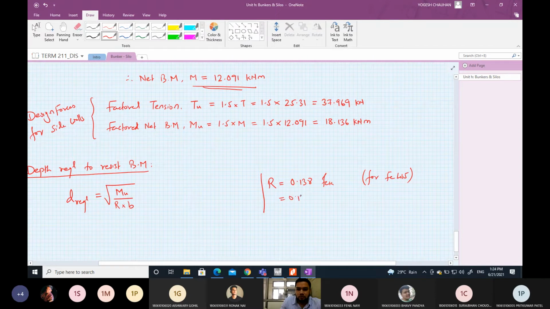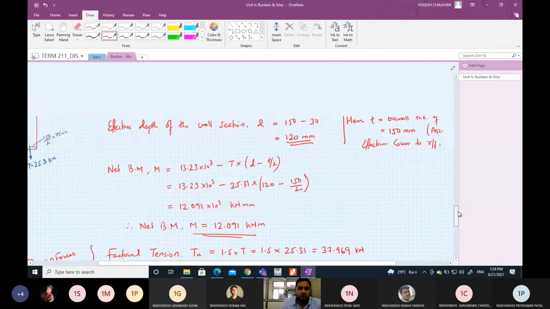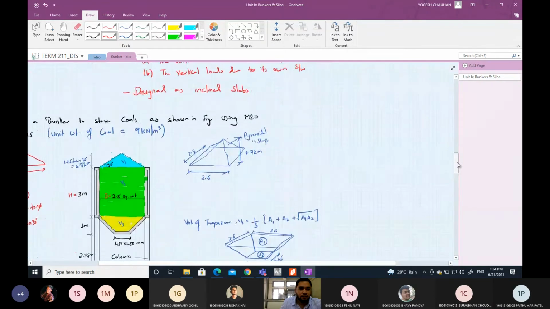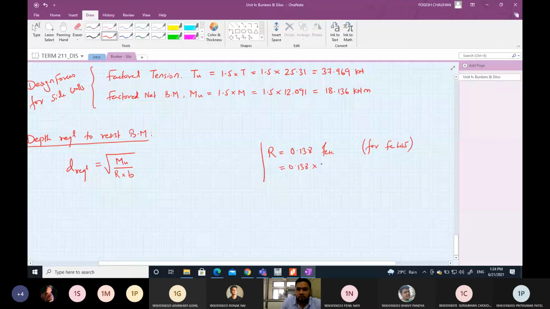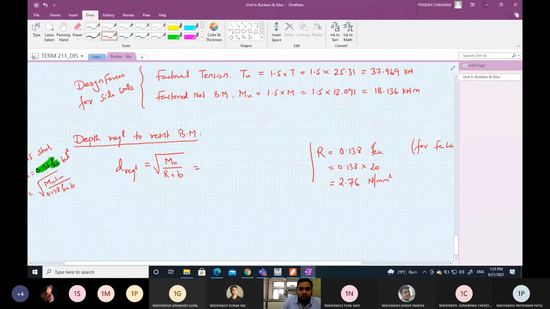So it will be 0.138 into, here the grade of the concrete is given as M20 grade of concrete, so into 20. So you will get the value of R as 2.76 Newton per mm square.